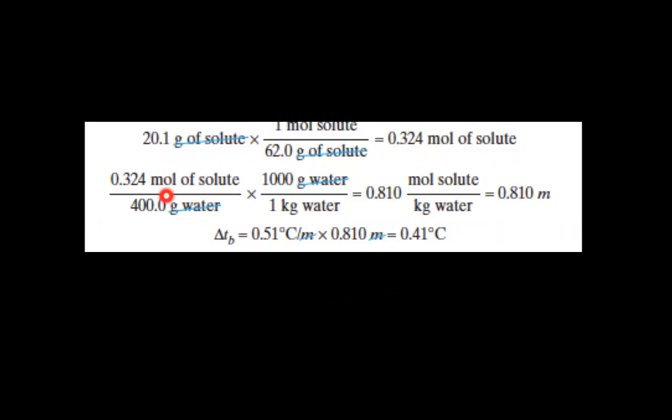Then you're going to divide that per 0.4 kilograms. And you get 0.81 molal. Put that into your delta TB equation, and you get 0.41 degrees C. So the change in your boiling point is going to be 0.41 degrees Celsius.